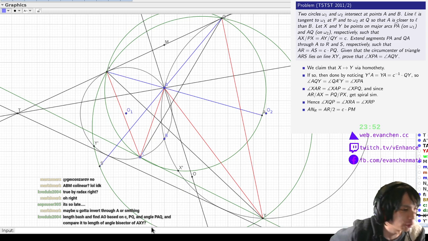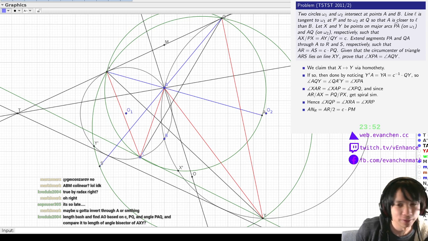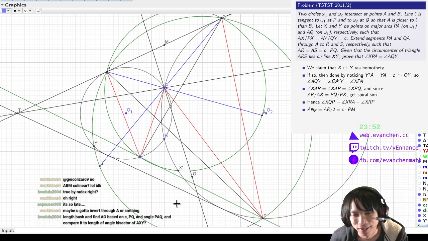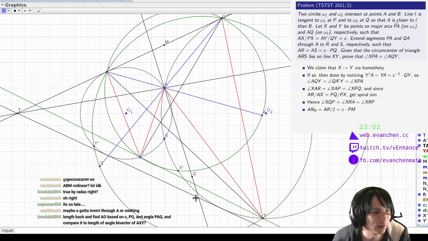Length bash and find AO based on C, PQ, and compare it to the length of the bisector of AXY. I don't think that's tractable.